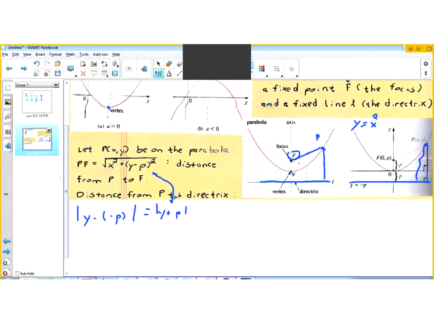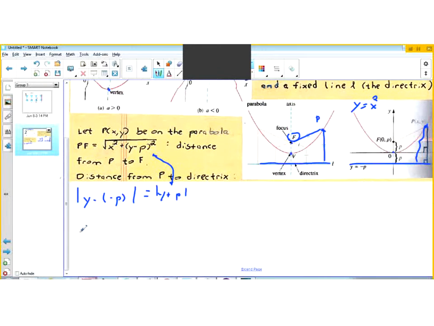So by definition, we have the following results.